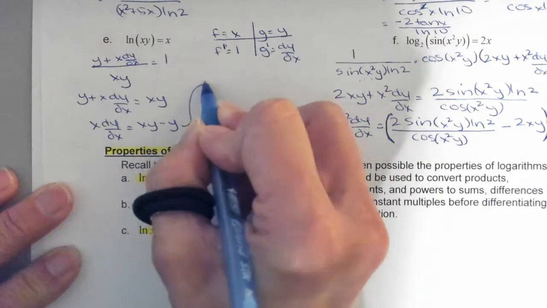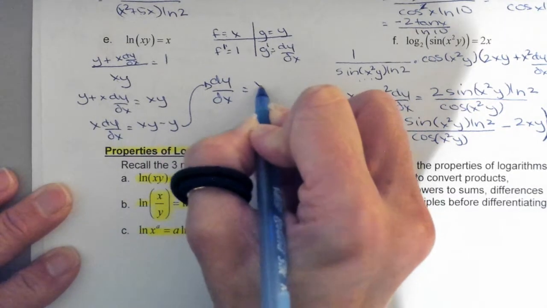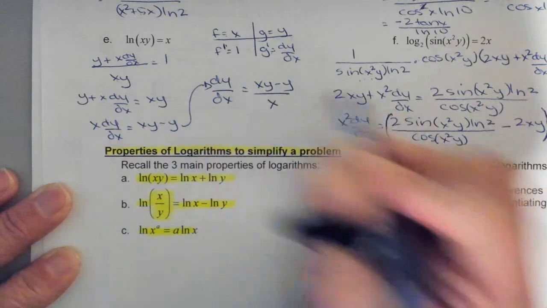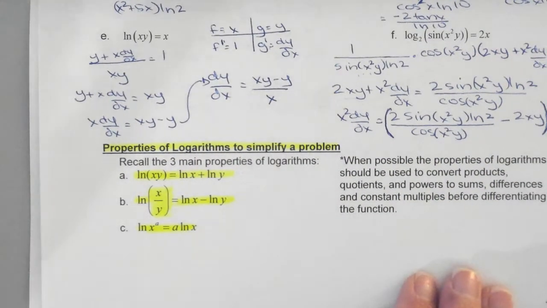So essentially, we've got dy/dx is equal to xy minus y, over x. Is that right? Could you factor out a y? But why? So you can tell it's there.